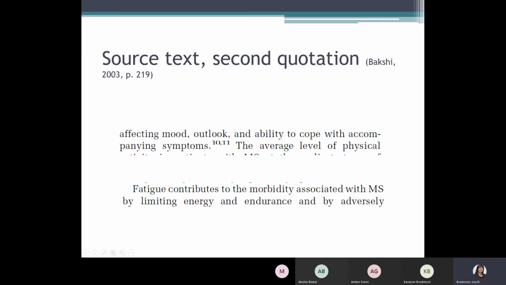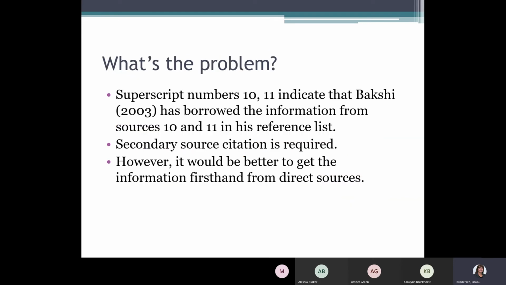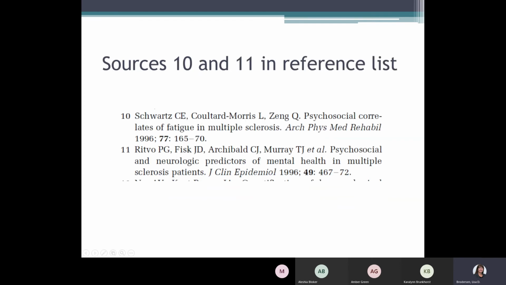Then we're going to look at what the student wrote, or we have to refer back to what the student wrote. So the problem is that the superscript numbers 10 and 11 indicate that Bakshi has borrowed the information from sources 10 and 11 in his reference list. So secondary source citation would be required on the part of the student. However, again, it would be better for the student just to get the primary sources and cite that information directly.